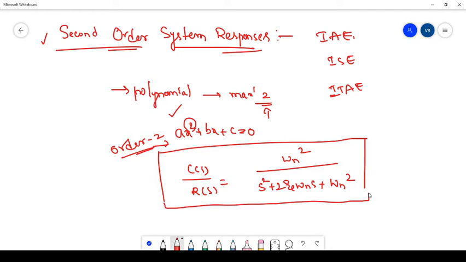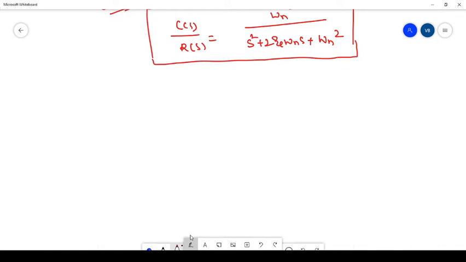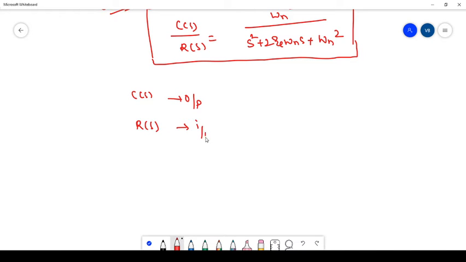C of S is the output of the system and R of S is the input, and omega n is called the natural frequency, and here zeta, this is very important, is the damping factor or damping ratio.